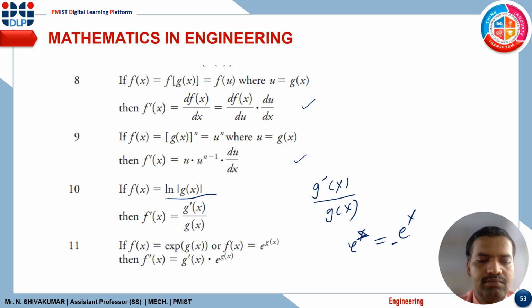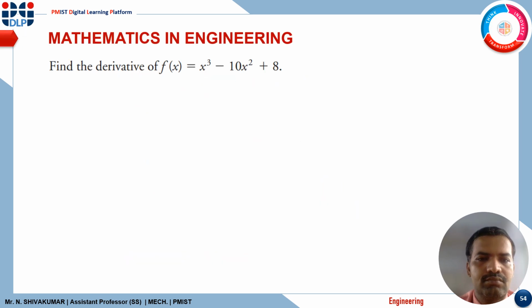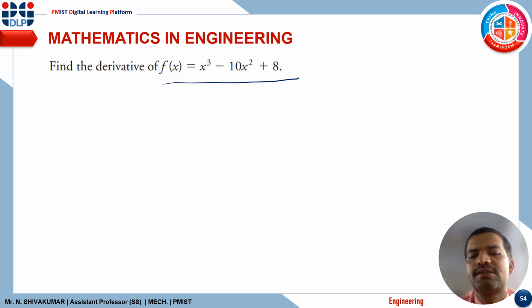Next. So some example problem. See, f of x is x cube minus 10x square plus 8. Find the derivative. What is the derivative, f dash of x? Now you are going to answer.